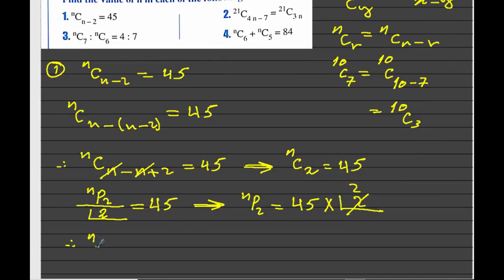So nP2 equals 45 multiplied by 2, which equals 90. Okay, and the 90 we can write in the form of permutation, equals 10P2, as 10P2 equals 10 multiplied by 9. So here we have 2 and another 2, so n equals 10.